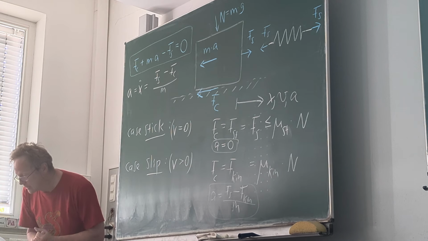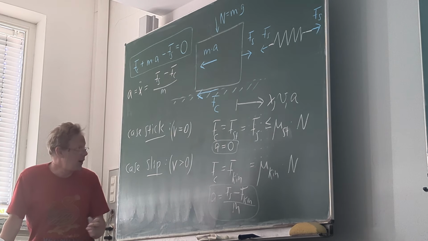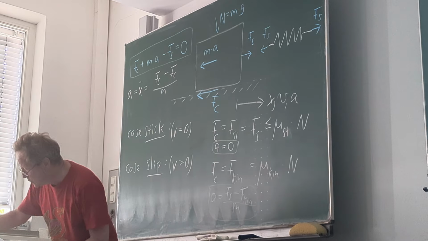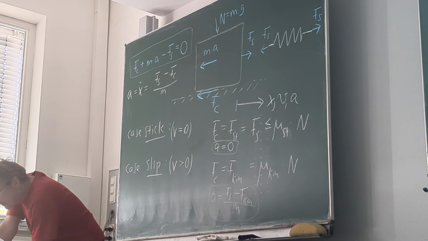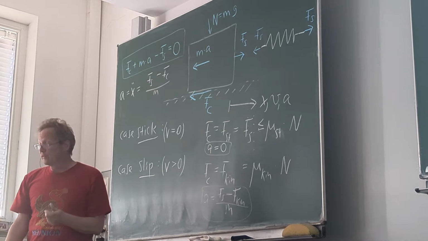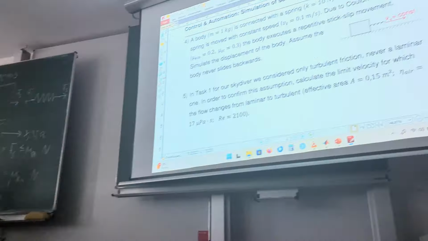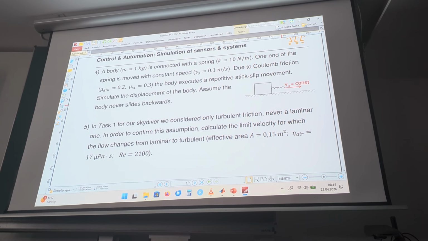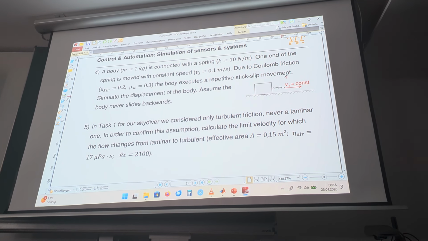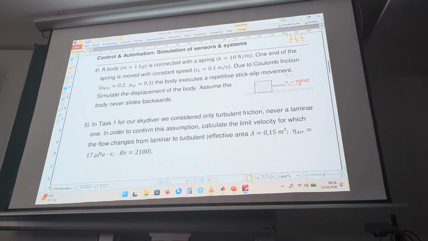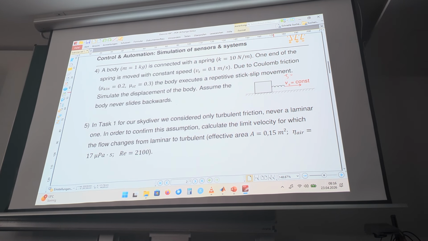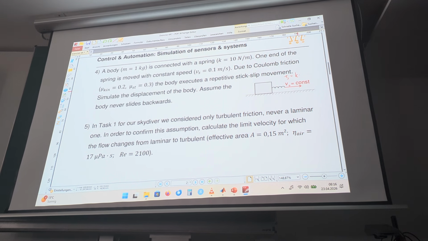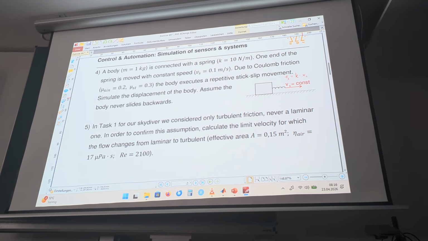Just one last thought about the spring force. Here we just moved the right end of the spring with a constant velocity. That means the spring force will build up according to F spring equals K multiplied by the displacement of the spring.